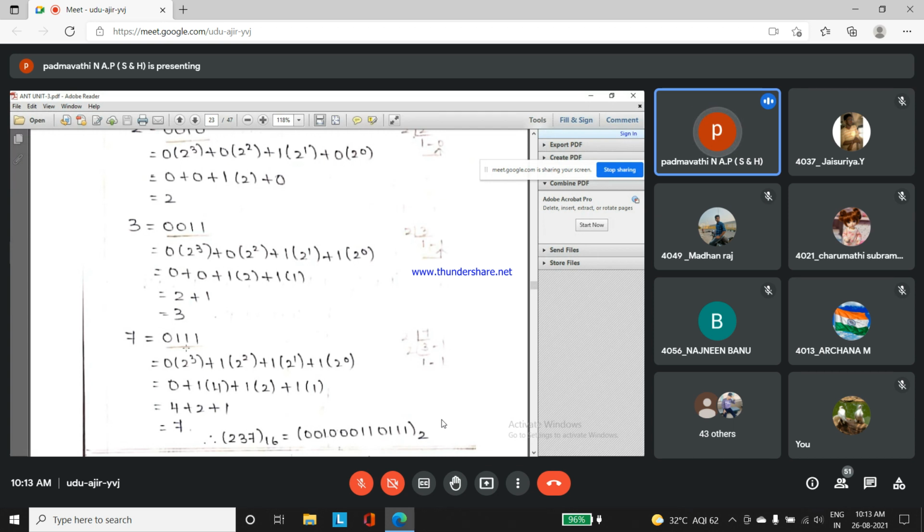In the 4 digit group, consider the previous number 0, so 0 1 1 1. So 2 3 7 base 16 is equal to 0 0 1 0, 0 0 1 1, 0 1 1 1, base 2. This is hexadecimal to binary digits.